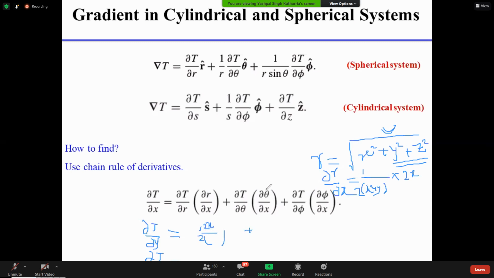Same way you will calculate the values of del theta over del x and del phi over del x, put those values here, and then finally put this del t over del x, del t over del y, del t over del z for the gradient del of t, or grad of t.